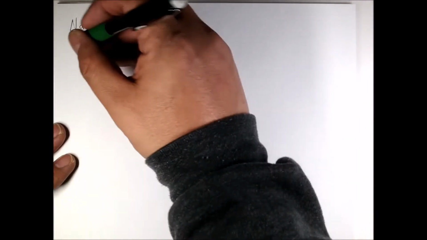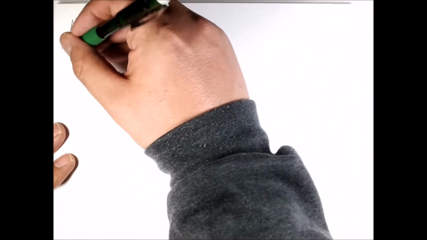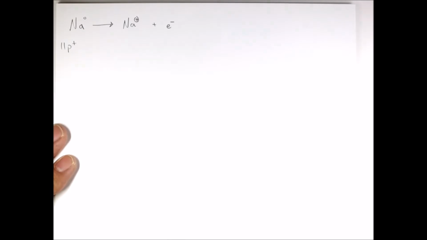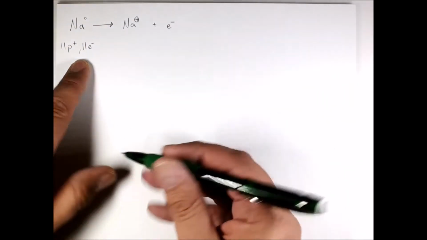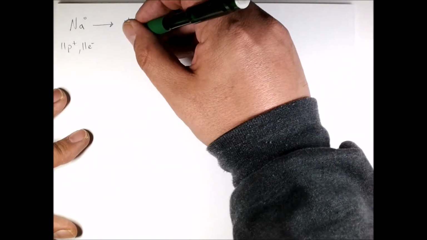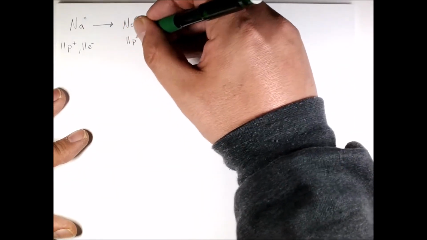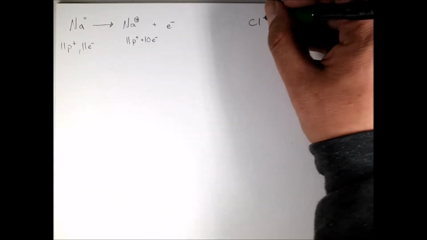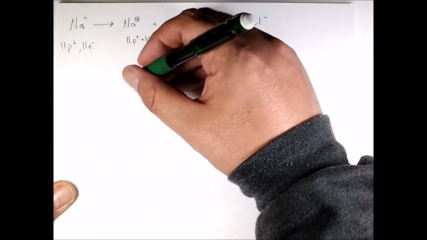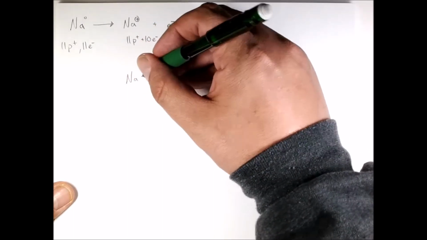And we can go ahead and do the same type of calculation here. We know that if it's neutral, there are 11 protons, and the electron count is the same if it's neutral. Here we have one less electron. And we did chloride earlier, didn't we? That was Cl minus. So when you put these together, we put them together in whole number ratios.